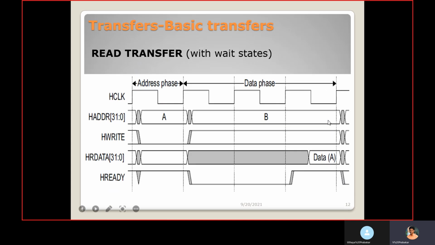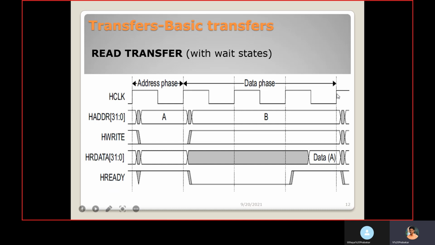Similarly for the read transfer. For address A, we are performing read, HREADY is 1, and at the next passage of clock, see here, HREADY is 0. That means it is in wait state. It is not ready to release the data of location A. So it is extended by another cycle. Here also it is 0. So again it is extended.